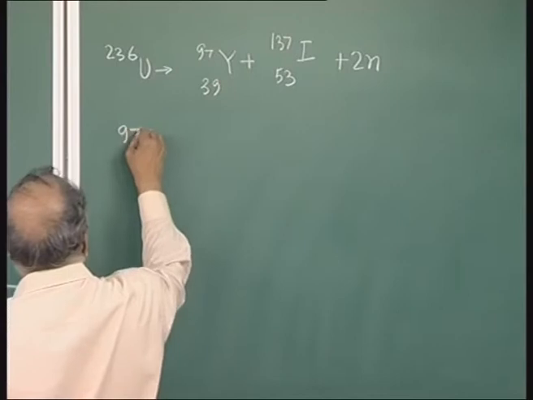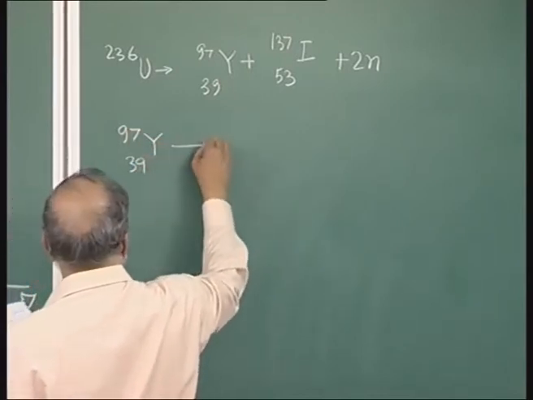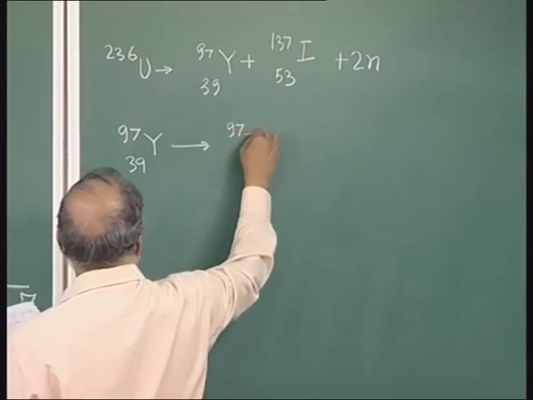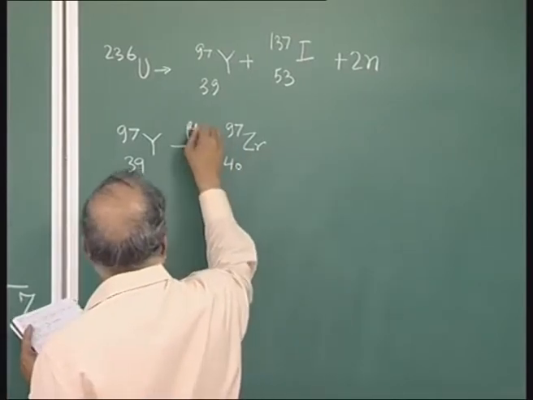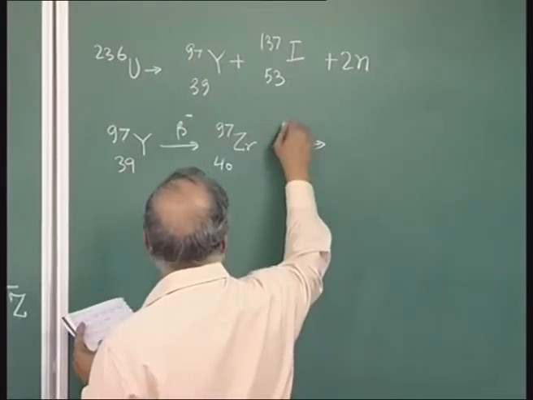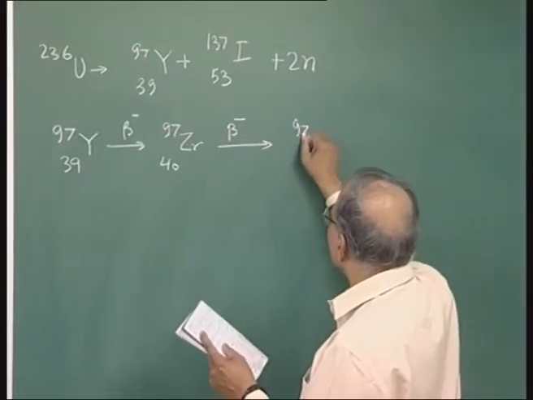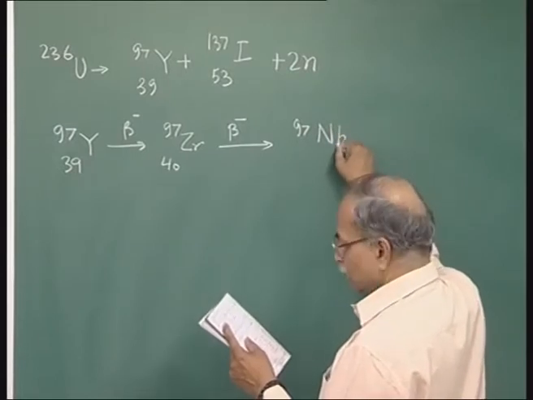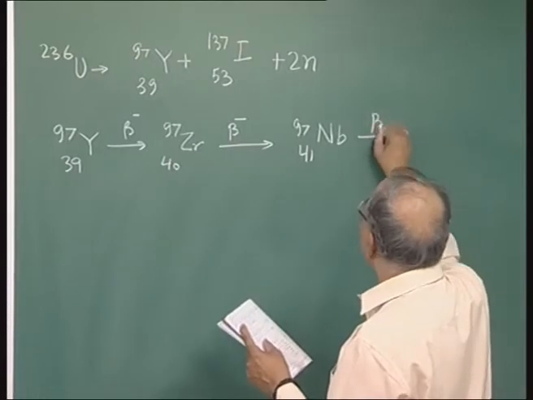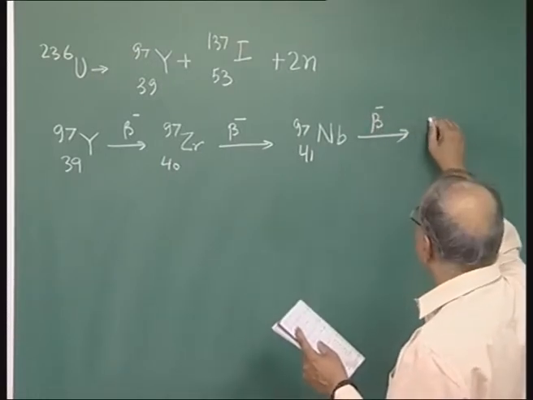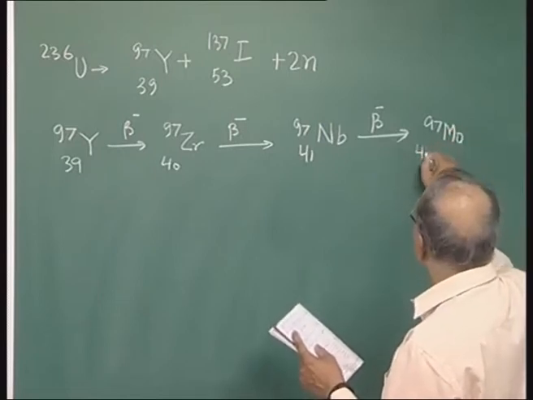Then this 97 Y 39 decays to 97 Zr 40 zirconium, this is beta minus decay, and then this beta minus decays to 97 Nb niobium 41 and that beta decays to 97 molybdenum and that is stable.